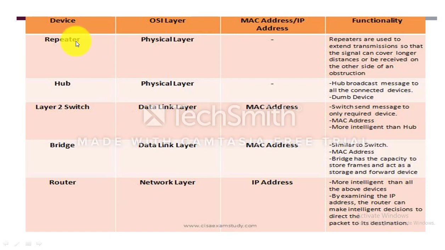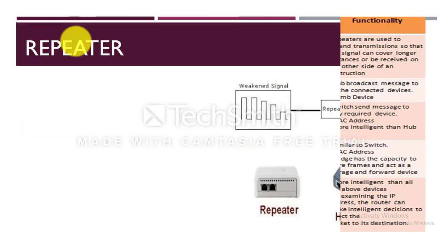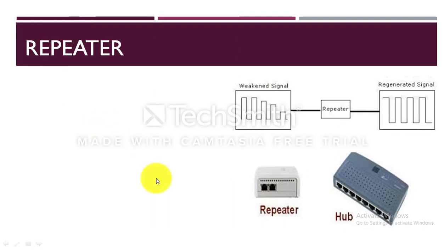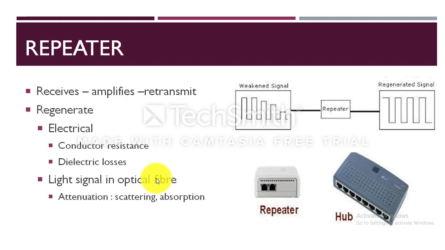First of all, study about repeater. A repeater is an electronic device that receives a signal, amplifies it, and then retransmits it on the network so that the signal can cover longer distances. Network repeaters regenerate incoming electrical, wireless, or optical signals.